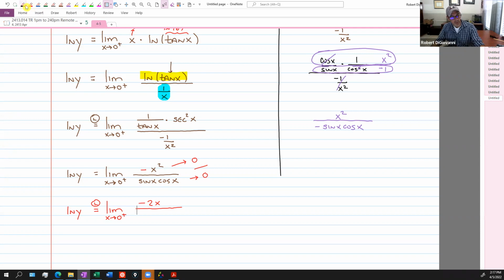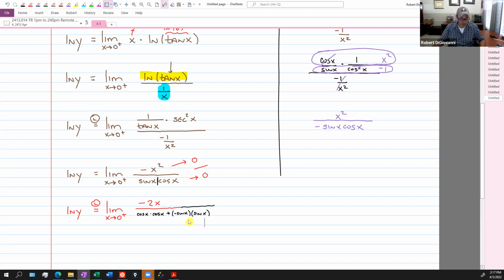So when I take the derivative of the bottom, I've got a product rule. The derivative of sine is cosine times cosine again, plus the derivative of cosine, which is negative sine x, times the first one, sine x. Oh, I'm excited. Do y'all see why I'm excited?